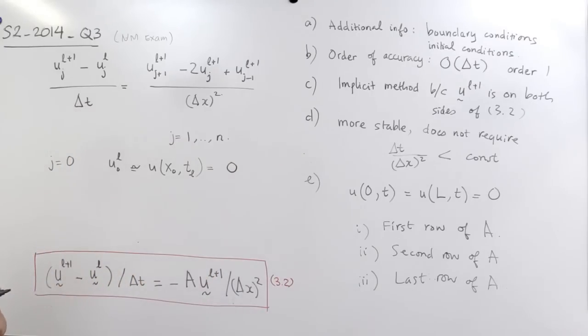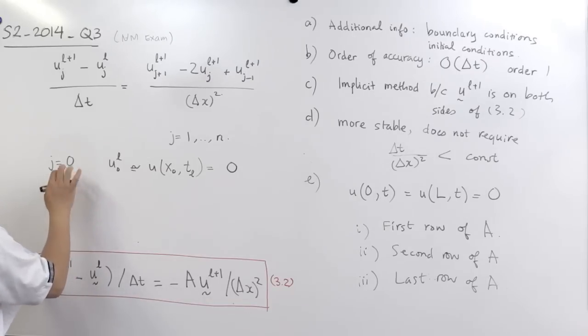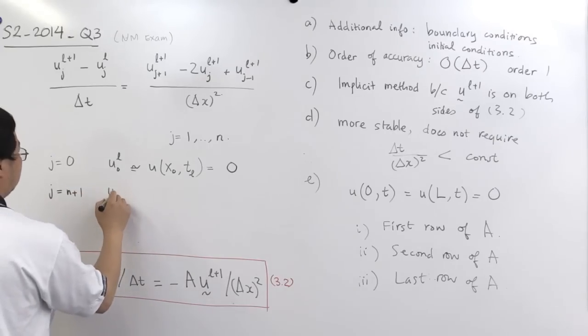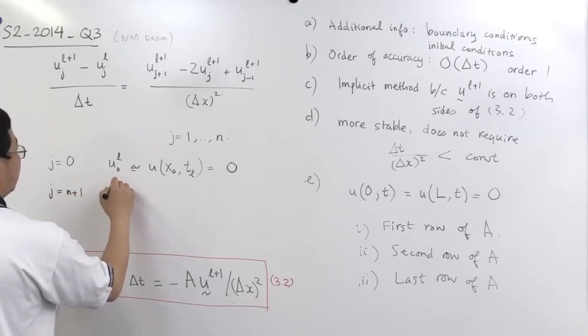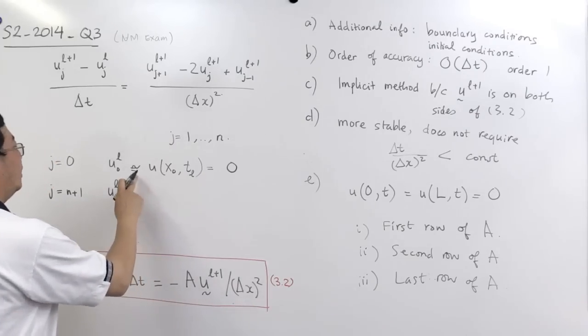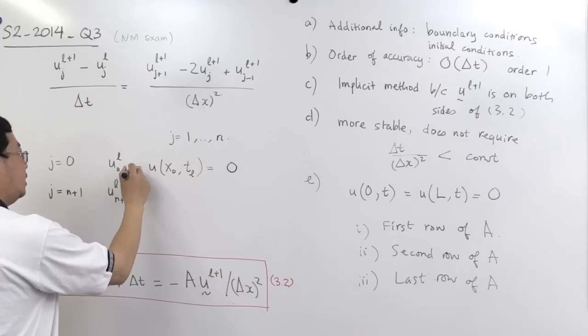And then when j equals n plus 1, this one is at the other end. So at j equals n plus 1, you have u_{n+1}^l. Because we know the exact value from the boundary condition, we just make it exactly equal.